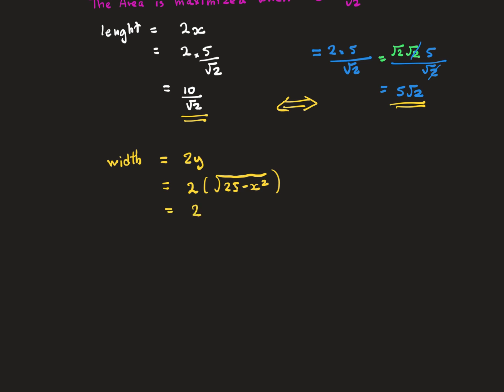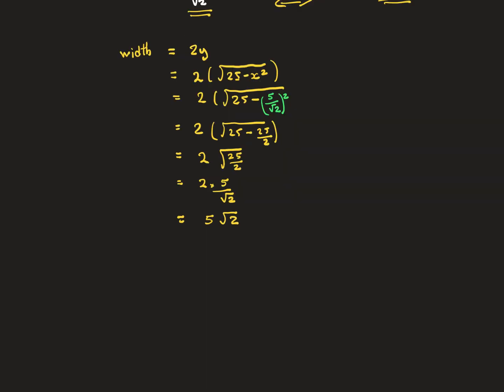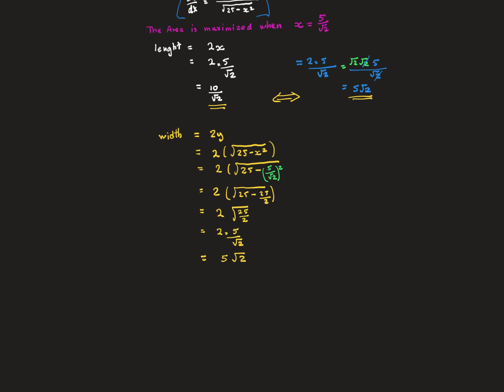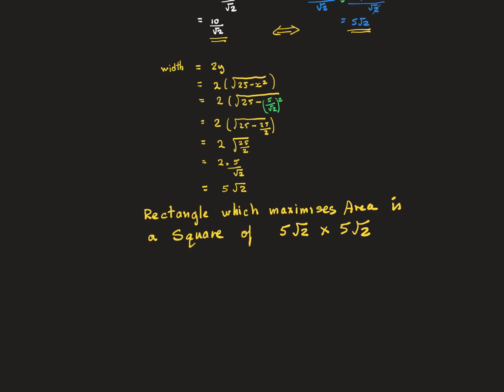And if we substitute x, that is 2 root of 25 minus 25 over 2, giving us a width of 5 root 2, which basically says that the length and the width are the same, and this rectangle is really a square of 5 root 2 by 5 root 2.